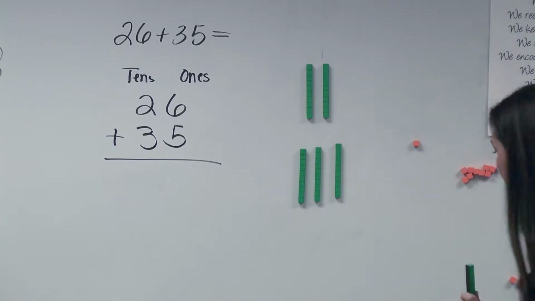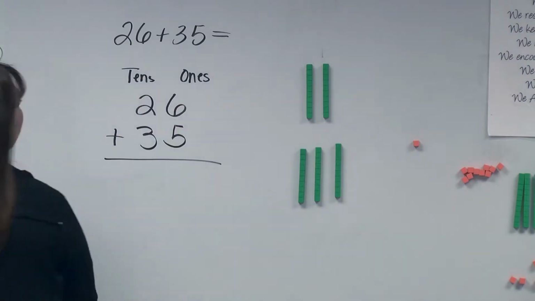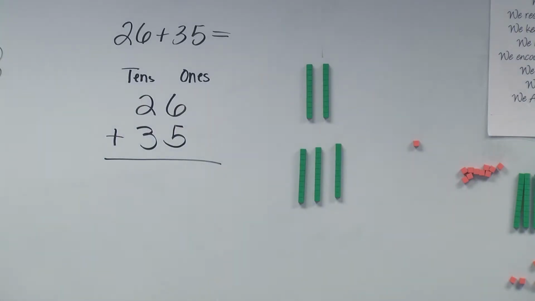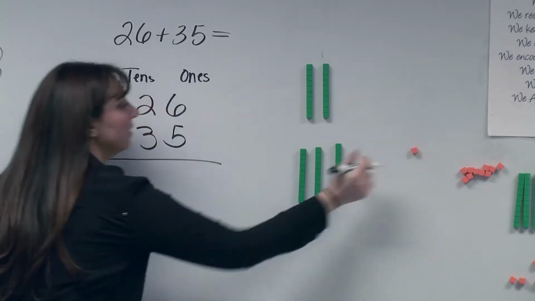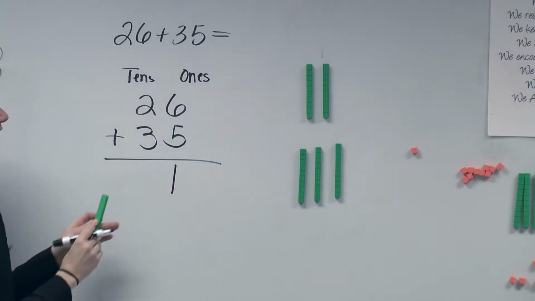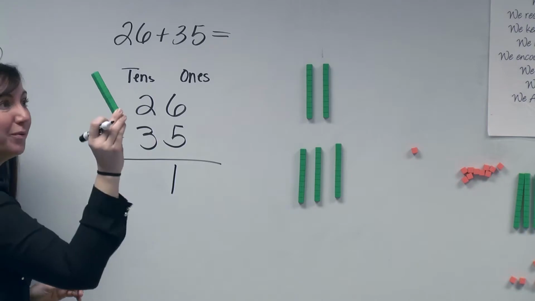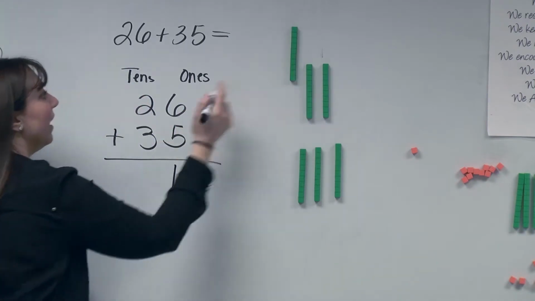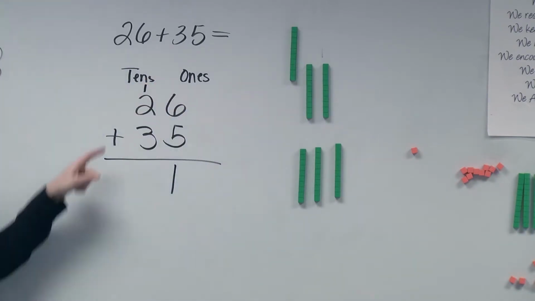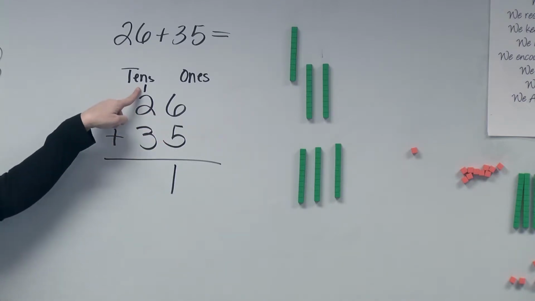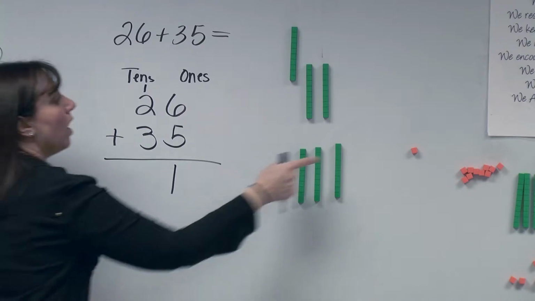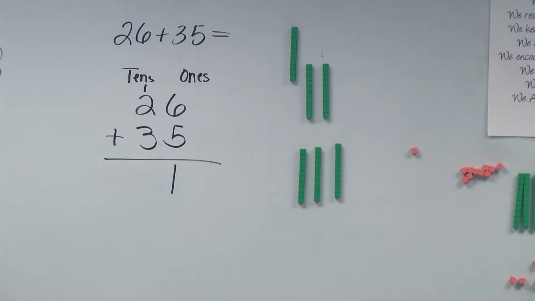So 11 is 1 10 and 1 1. I'm going to keep the 1 1, and my other 10 goes here in the tens place. So 6 plus 5 is 11, 1 10 and 1 1. Thumbs up if you see that.